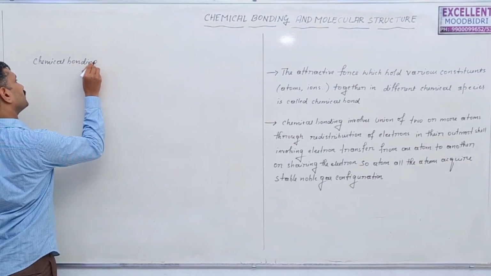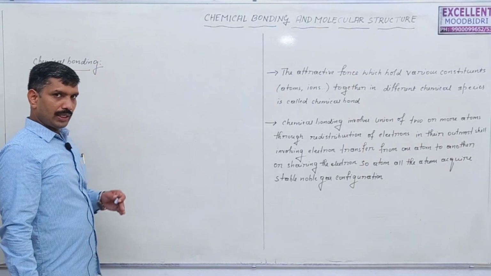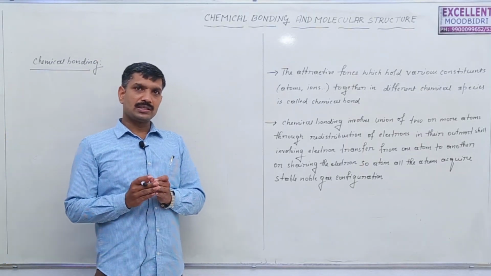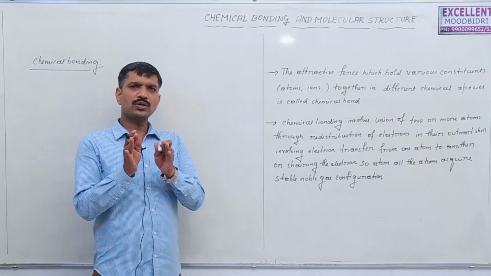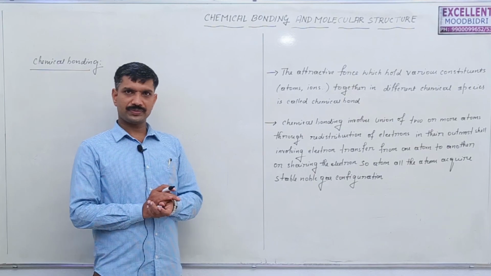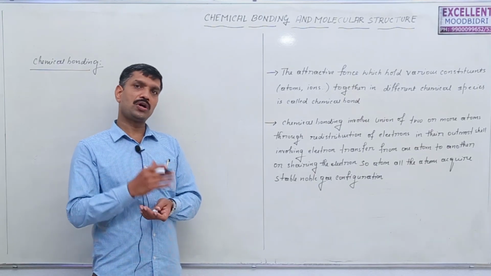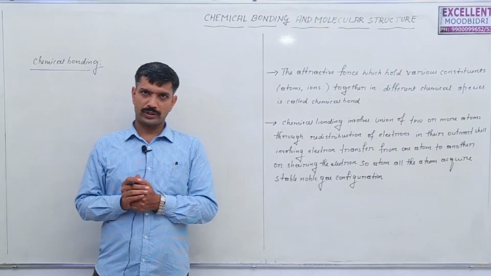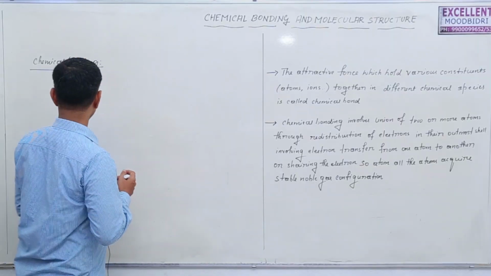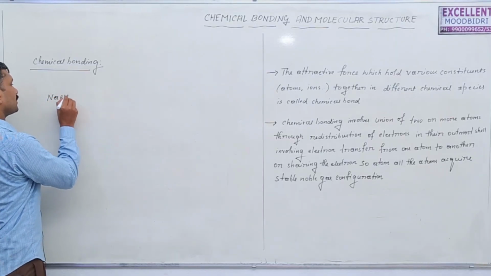Bonding. Here the term itself indicates what a chemical bonding is. Chemical bonding means the bonding that takes place between the different constituent particles. It may be atoms, or ions, or molecules. Suppose one example, sodium chloride, NaCl.